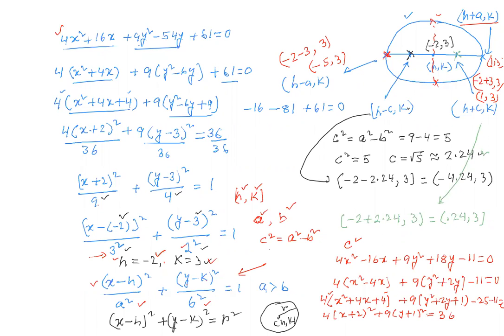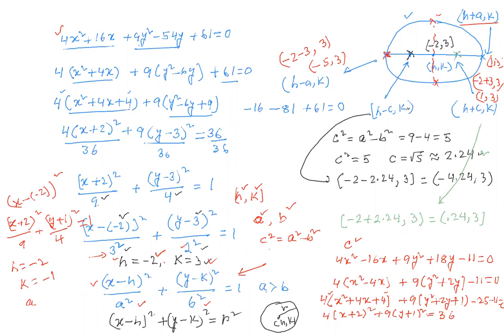Then you divide by 36, you're going to get x plus 2 whole square over 9 plus y plus 1 whole square over 4 is equal to 1. Here your h is equal to -2 because you're going to write it as x minus -2 whole square. H is -2 and your k is -1.